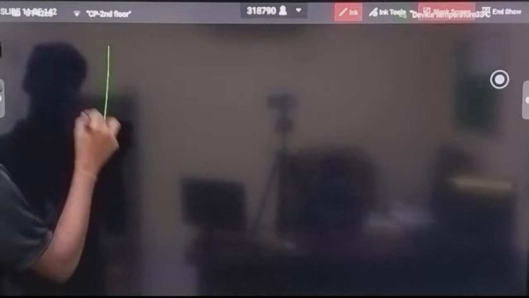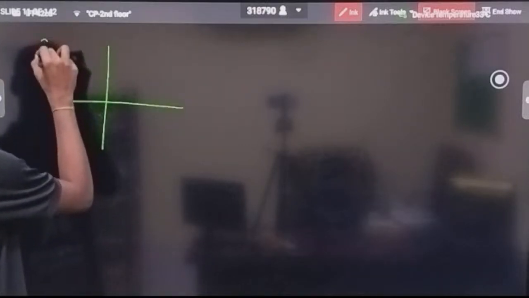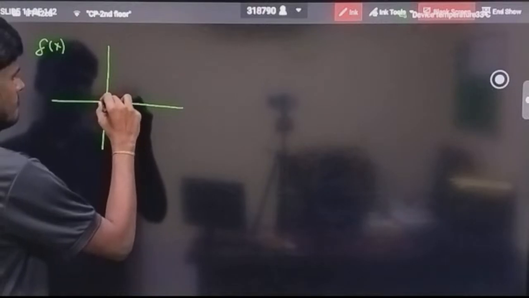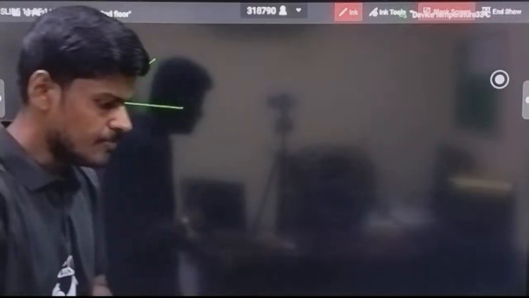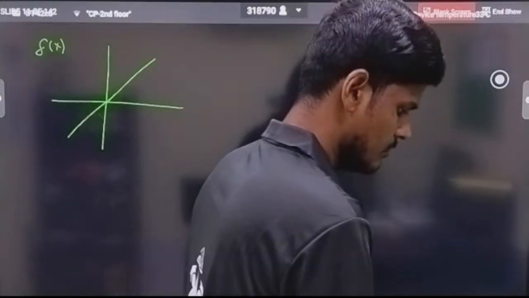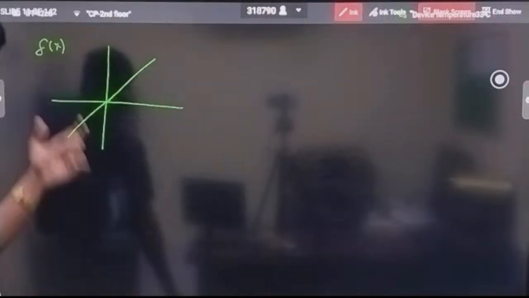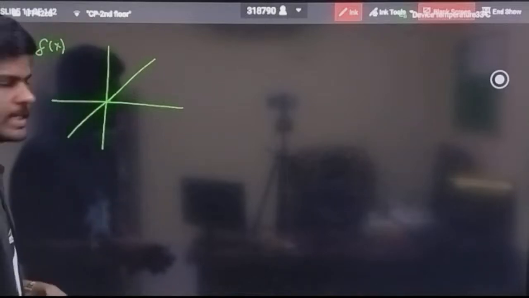Consider f of x is a function defined like this. y equal to x. Then what is mod f of x? Whatever value is there, f of x, when it is negative, it is converted into positive.